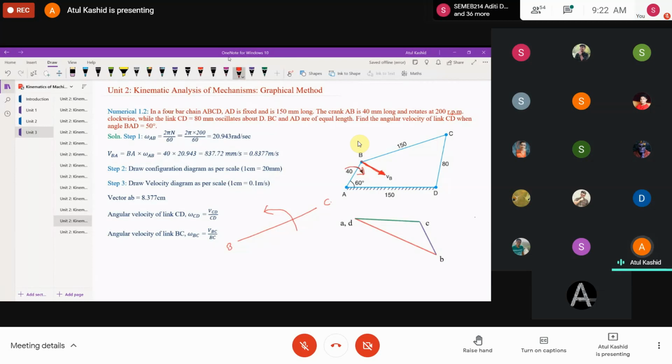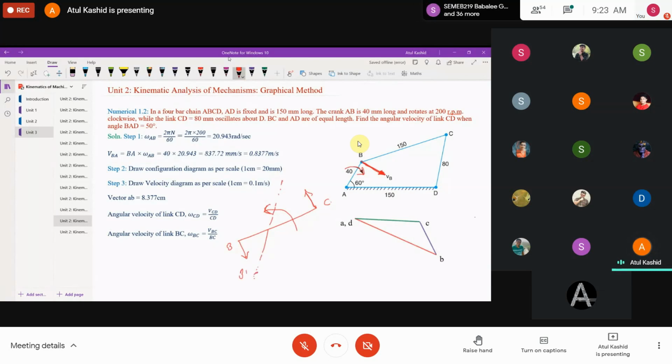If anti-clockwise, then the velocity will be like this. So this is the velocity because this crank, after some time, will be shifted to this place.